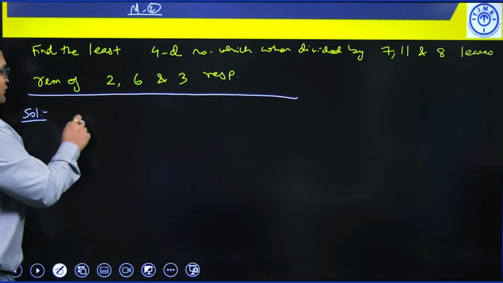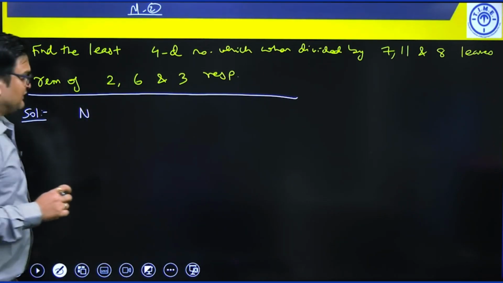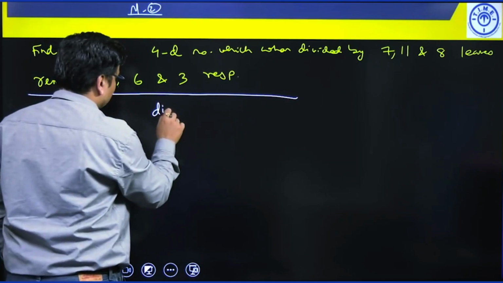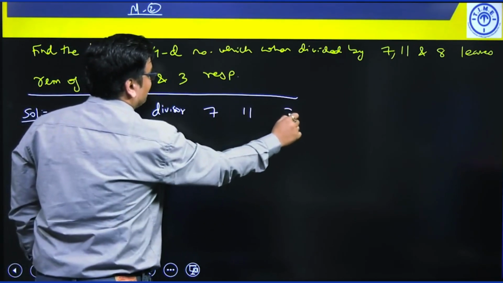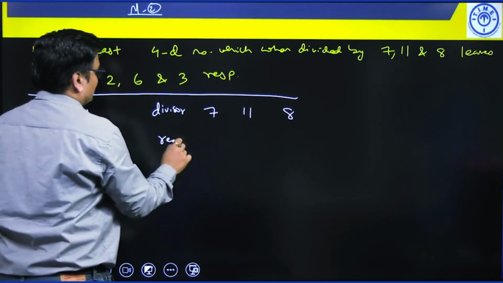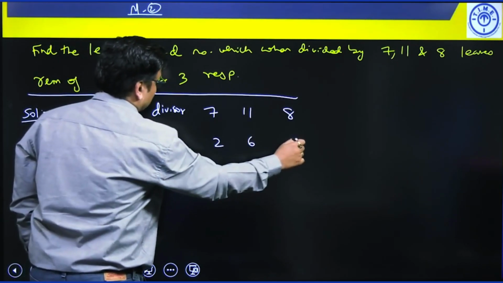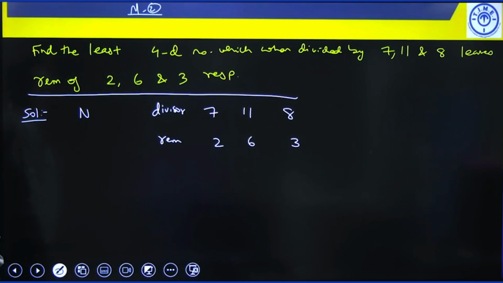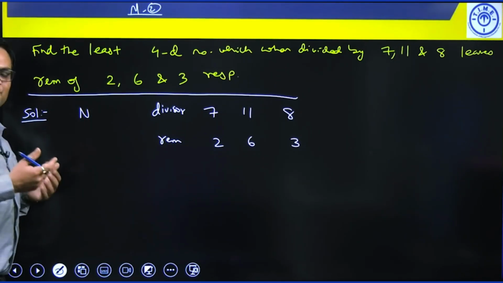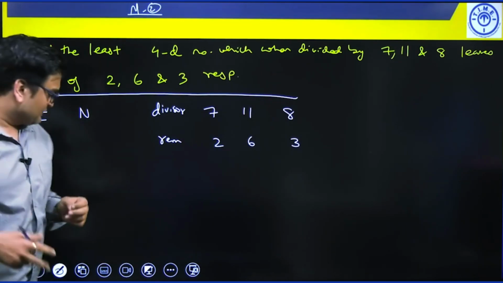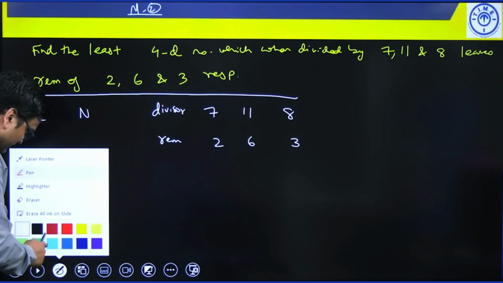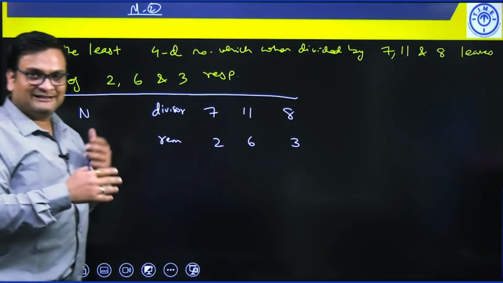So let us say the number that we are looking for is n. When n is divided by 7, 11 and 8, the remainders are 2, 6 and 3. Right now it appears to be a problem involving different remainders, but there is a small process that we could perform and change the entire thing.